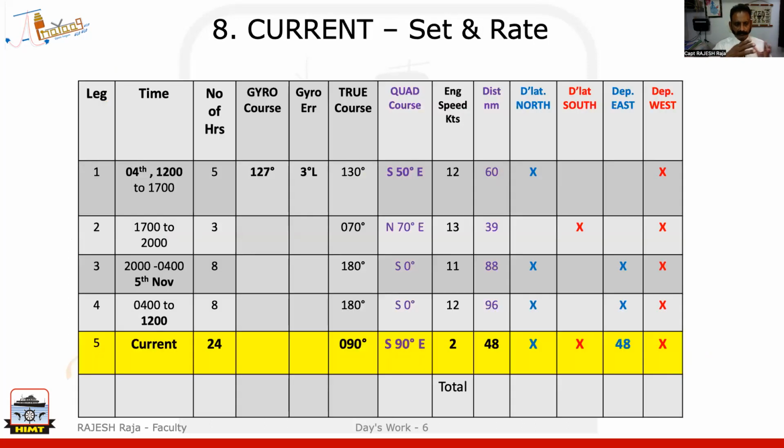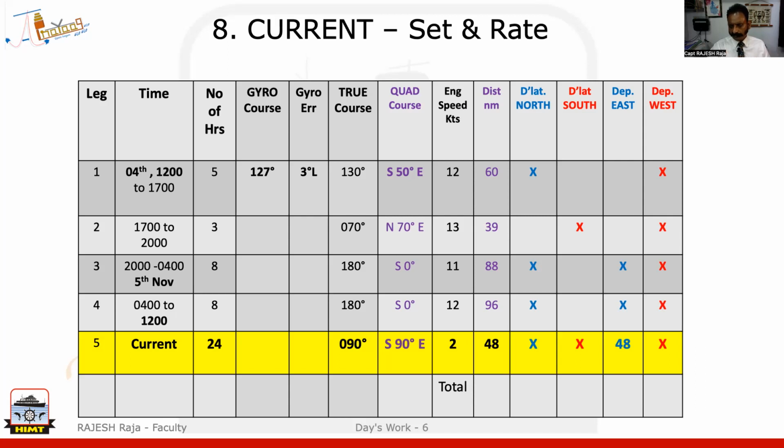I'm just showing you. See here, there were 4 legs in all the tables which we did. Now I've added one more leg called the 5th leg, which is current. I put the number of hours as 25. Let us say it was drifting due east, so 090. You can write south 90 east or north 90 east also. Both are the same because there is no northerly or southerly component in east.